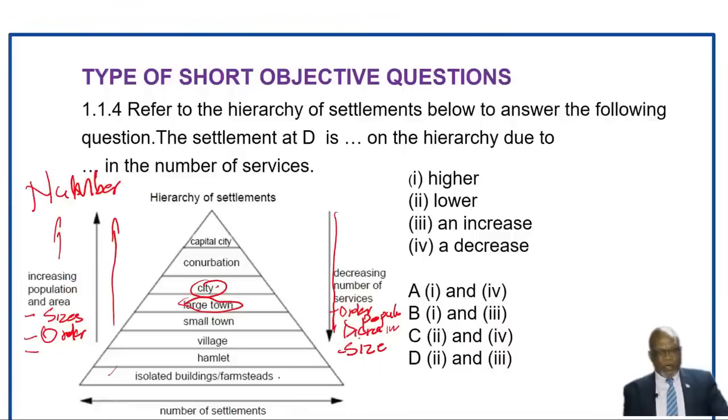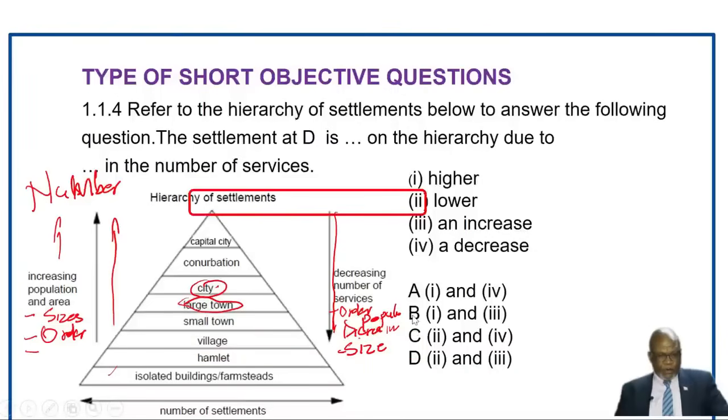So the correct answer there is that it is lower on the hierarchy due to the decrease in the number of services. So what is happening to the number of services? Are the services increasing or decreasing when you move down towards the lowest settlement? Because there are fewer people there, the services are also going to decrease.